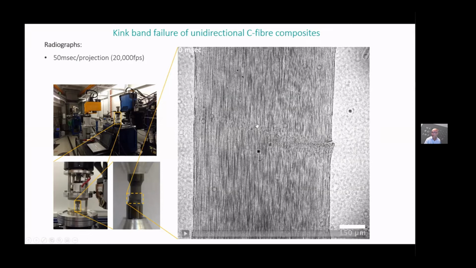and you can see that what happens is you get kinking. So what we'll see is we've put a little notch on the right hand side, and as we compress this sample, you'll see the formation of a collapse zone. This is being recorded at 20,000 frames per second.